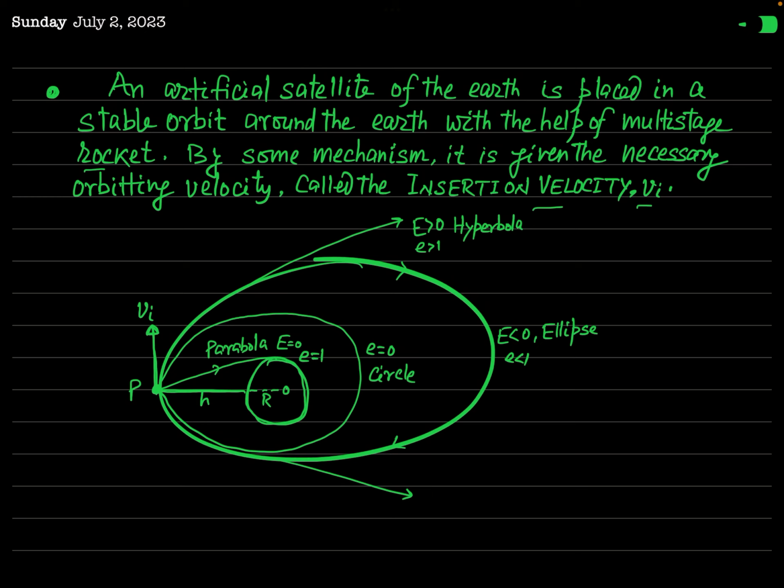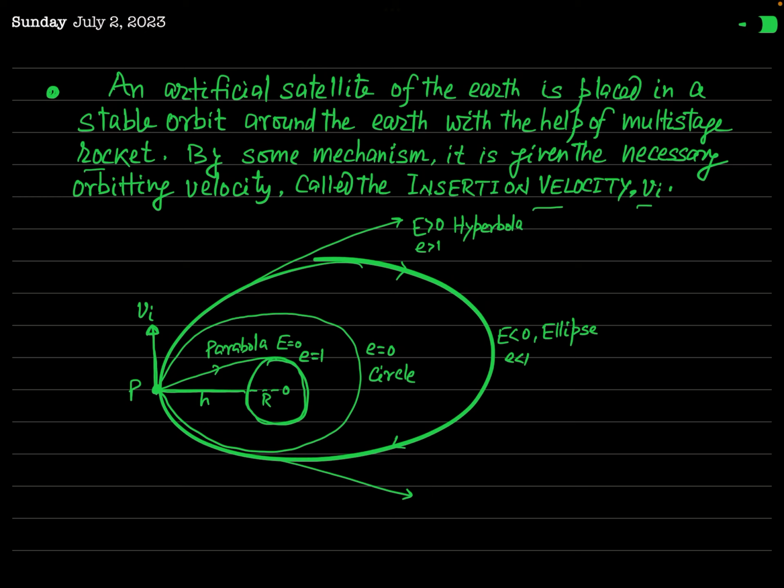It all depends on the total energy of the satellite, or its insertion velocity. That decides the nature of the orbit. So if you want to find the insertion velocity required for revolving the satellite around the Earth, first of all you have to find what insertion velocity will be needed for it.